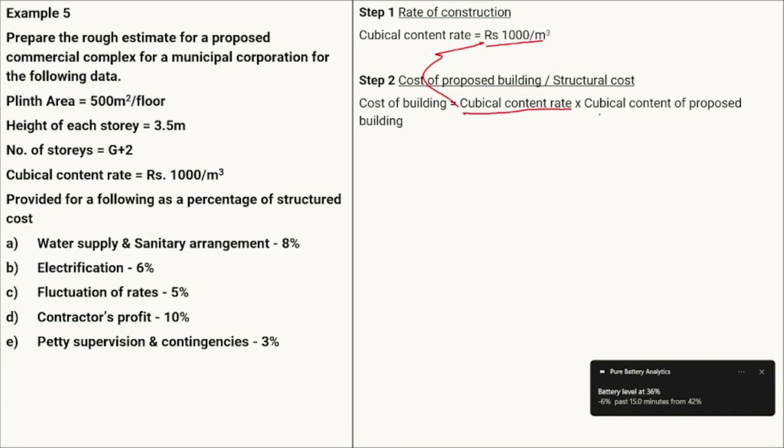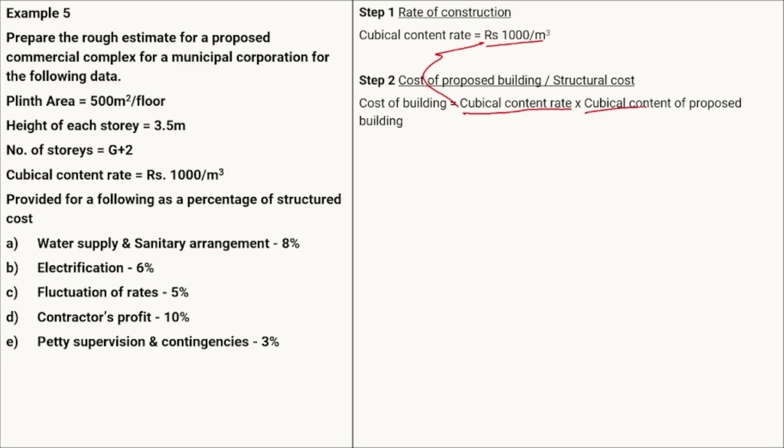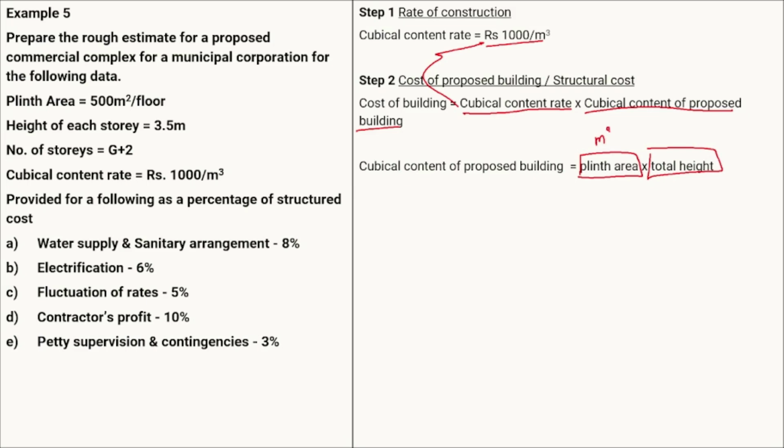Now we also have to calculate the cubical content of the proposed building, which equals the plinth area multiplied by the total height. Plinth area is in meter square and total height is in meter, so we get the cubical content, that is the volume, in meter cube.